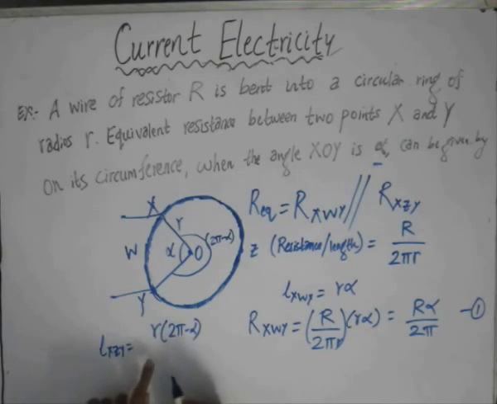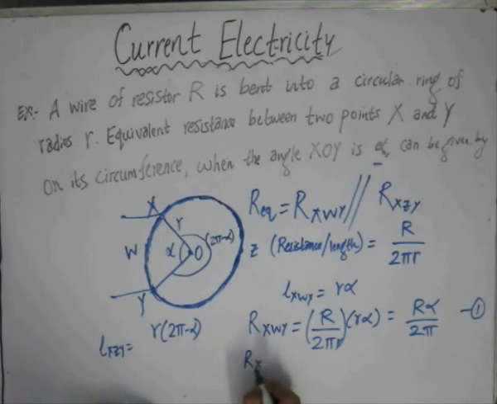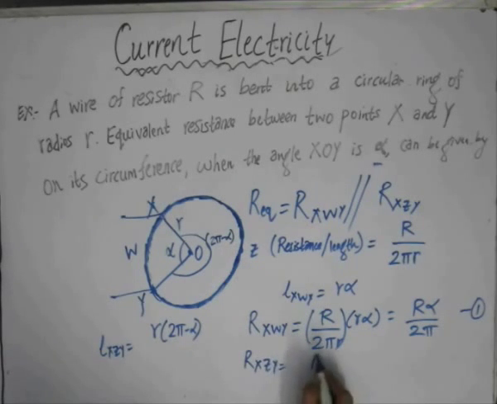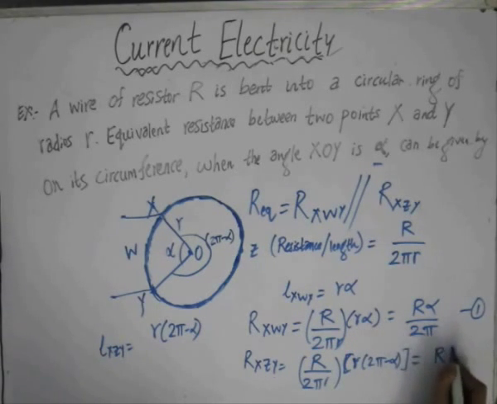The resistance of the wire XZY would be the resistance per unit length multiplied by the length of the arc XZY. So we get R times 2 pi minus alpha, divided by 2 pi. This is our equation number 2.